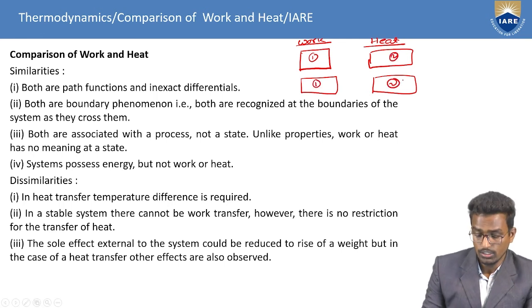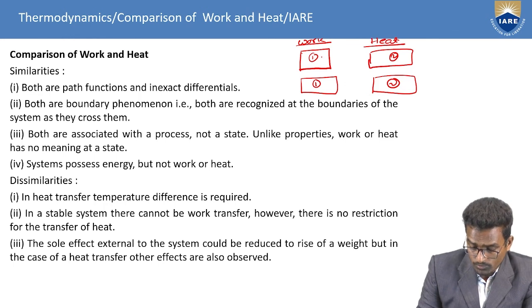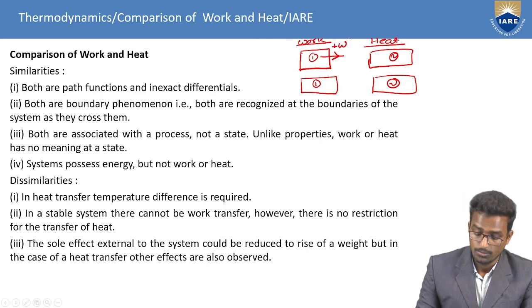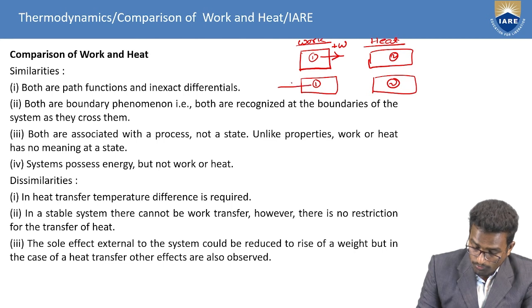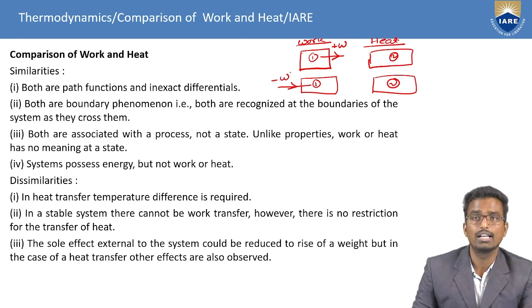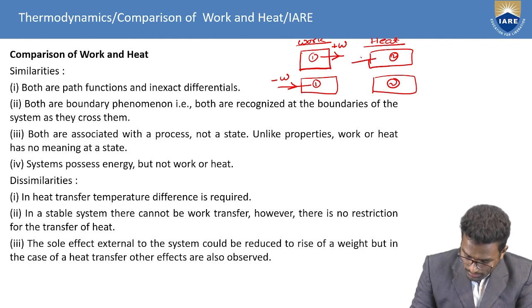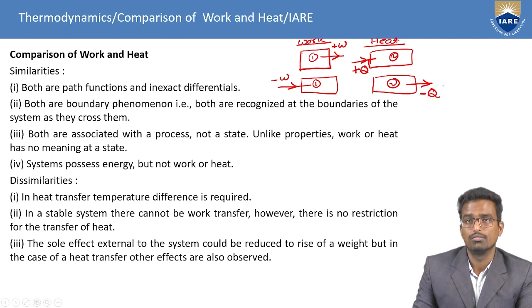If I get some amount of work output from the system, you consider it positive. But if you are supplying work to the system, you consider it negative. Same in heat: if you are supplying heat to the system, it is positive. If you are removing heat from the system, you call it negative.